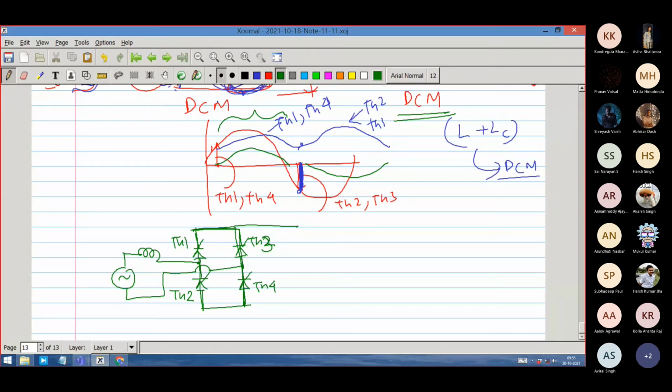I am indicating the continuous current by a current source, so that you are unambiguous. Load current is ID, and this continuous current is maintaining itself through the shorting. One part is here, another part is here. So the load side is now shorted. That means V rectifier is equal to 0 at that instant, during commutation.